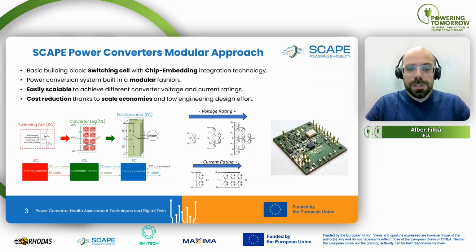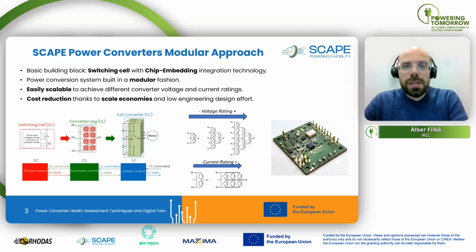The secondary control is in charge of generating the individual switching cell driving command signals. And then at the tertiary level, we have the converter control, which is in charge of controlling the converter leg so as to deliver the required power to the load, in this case the motor, since we have an electric vehicle in this example.